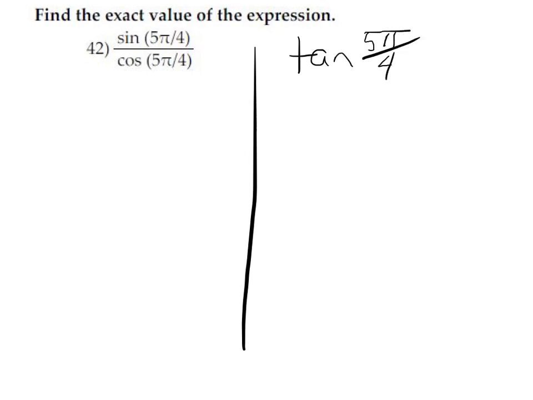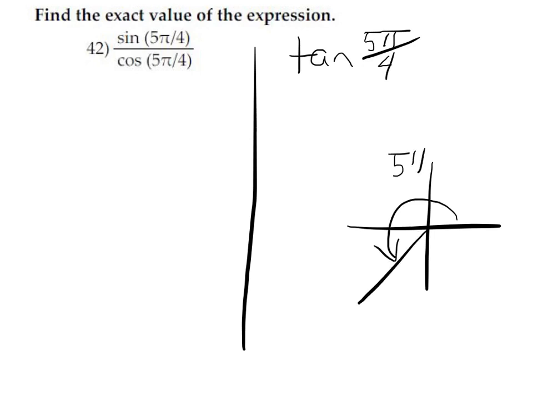Sine over cosine is tangent, as long as it's the same angle. Great. Now, 5 pi fourths is here. The reference angle is pi fourths, and we're in quadrant 3, where only tangent's positive.